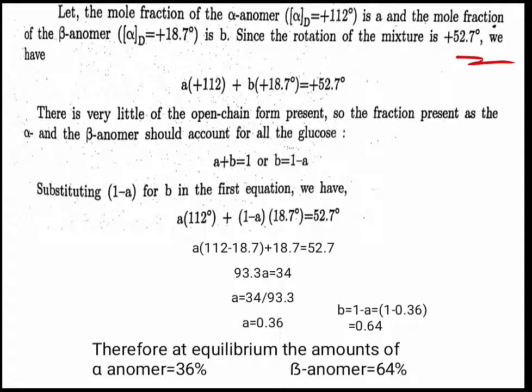There is very little of the open chain form present, so the fraction present as the alpha and beta anomer should account for all the glucose.